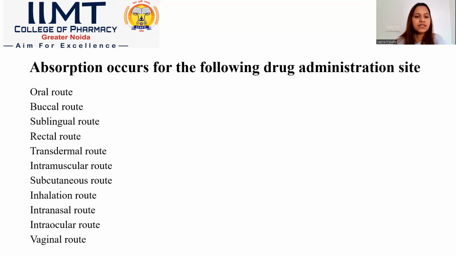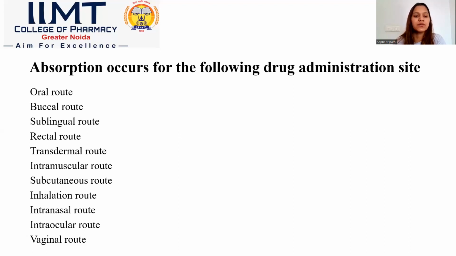Next one is the transdermal route. The transdermal route is the topical route where the medicament is applied on the skin. And this is the slowest absorption route. Next one is the intramuscular route. The intramuscular route is when the drug is given IM into the arms, the thighs, or the buttocks.